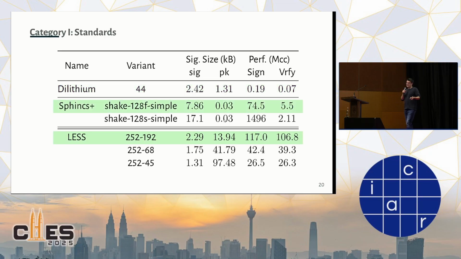But if we compare ourselves against SPHINCS+, we see that LESS is somehow complementary to SPHINCS, right? So in our case, whenever you need small signature sizes, but you can afford huge public keys, LESS is the way to go. And let's be honest, in a world where McEliece is a standard, public key size should not be the problem anymore.